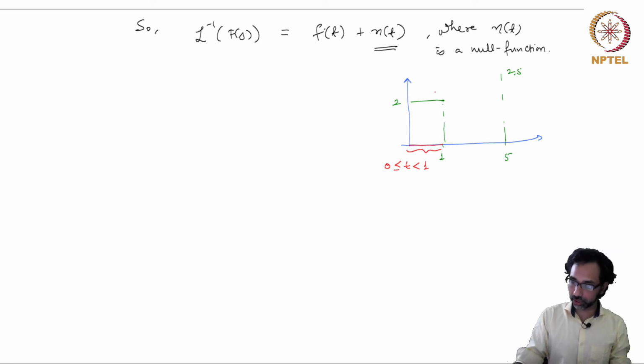At t equal to 1 you get the value 2, then you have 0 again, and then at t equal to 5 you have the value 2.5, and then you have 0 again. There is no area under the graph of this function, so all your integrals will be 0, and you can define in the same way infinitely many other functions which still have the integral equal to 0.